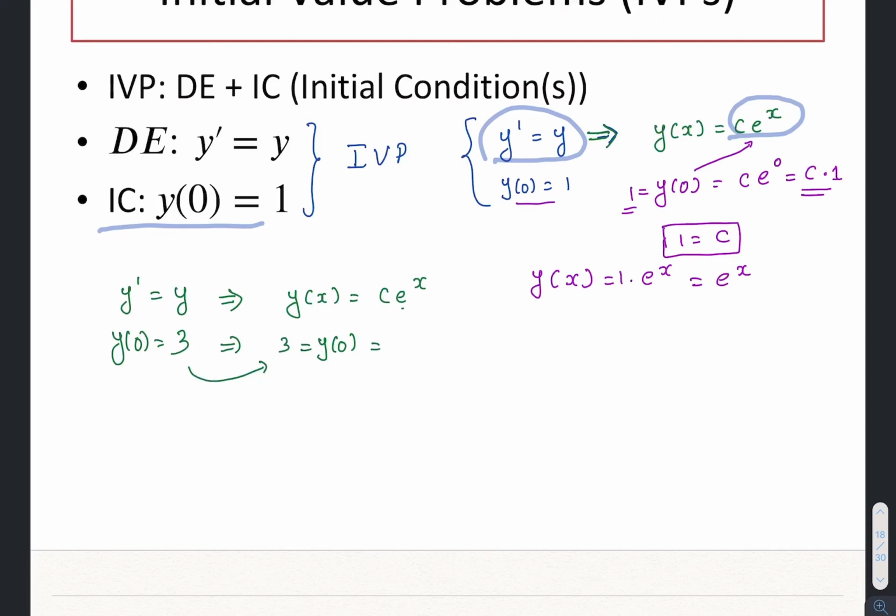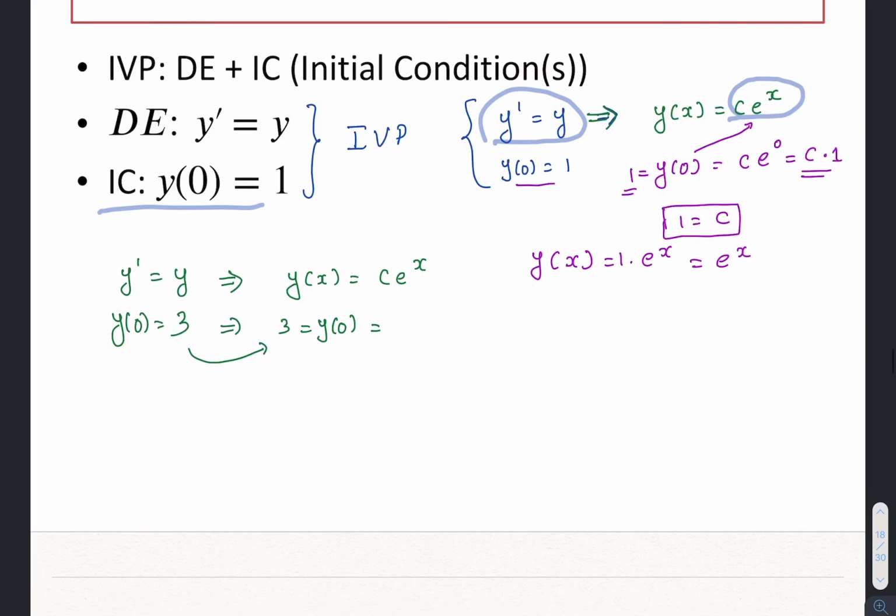Now if I plug in 0 here, that is going to tell me this is c times e to the 0, which is equal to c times 1, which is c, right?